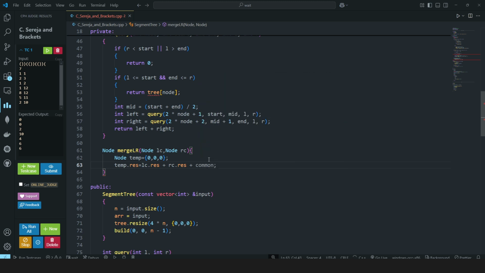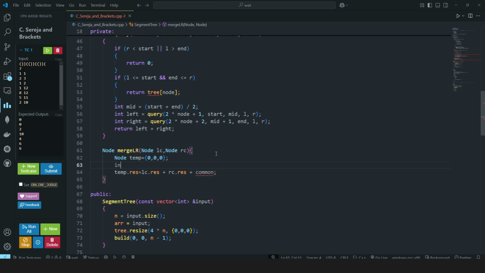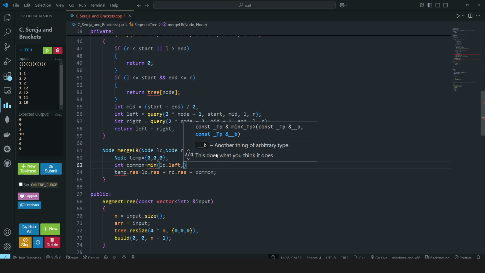So what is this common thing here? This common thing is nothing but the minimum of the left unmatched brackets of the left child, that is lc.left, and here rc.right.